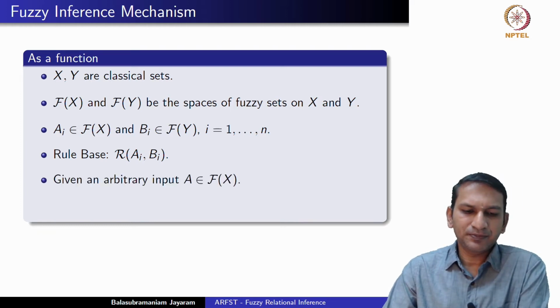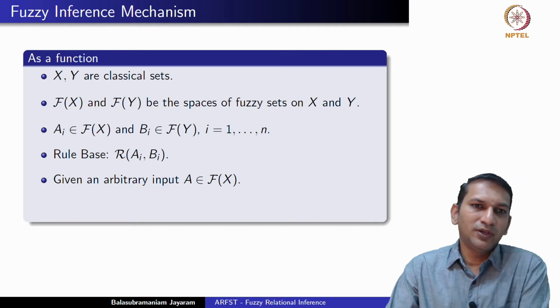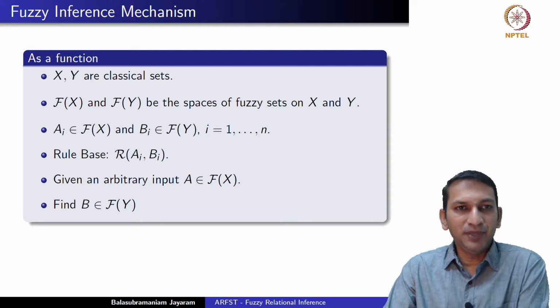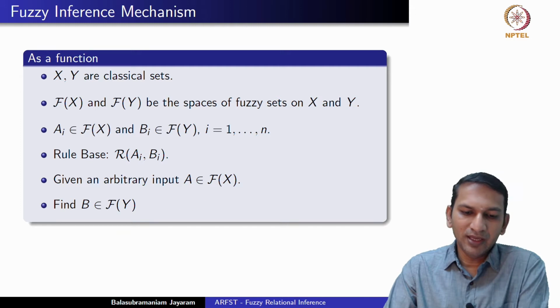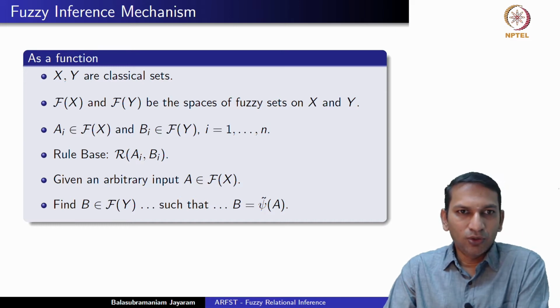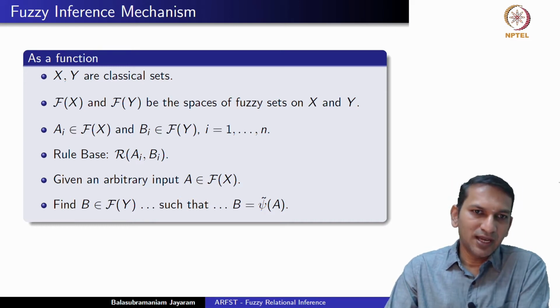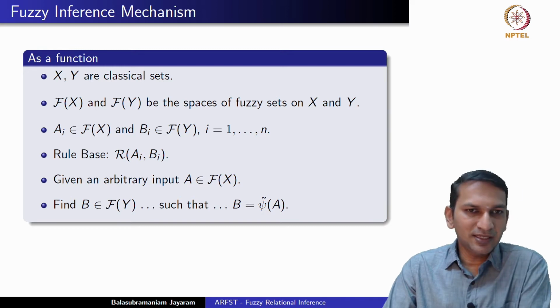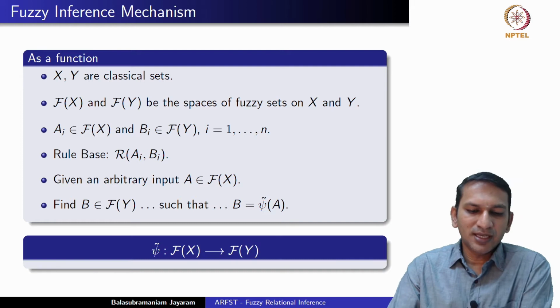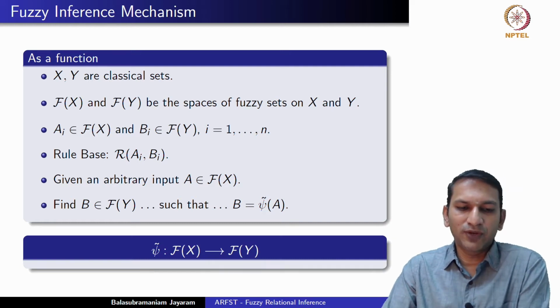And what we want to do now is, given an input A, which is again a fuzzy set over X, we would like to find a B, which is a fuzzy set over Y, such that B is somehow related to A. So on the whole, we can look at a fuzzy inference as being given a fuzzy set in X and obtaining a fuzzy set in Y. Essentially, you can look at this as a mapping from F of X to F of Y. However, this is not an arbitrary mapping.